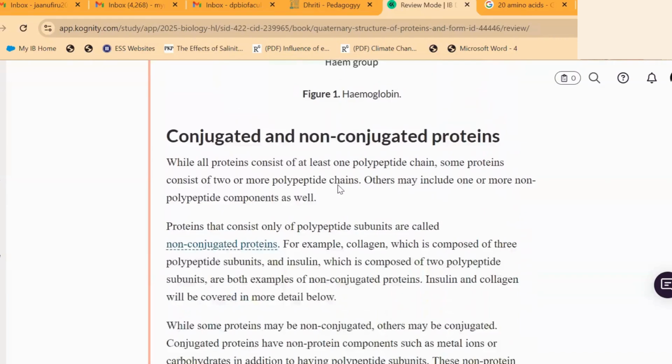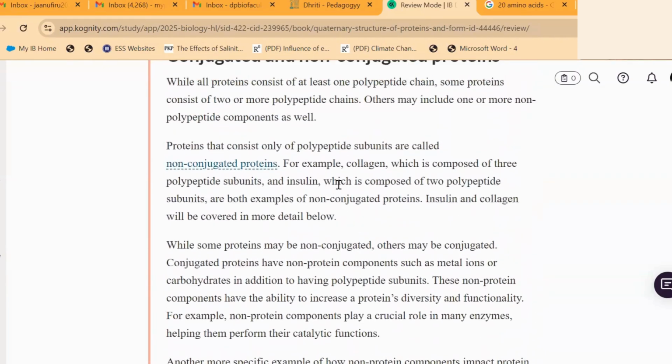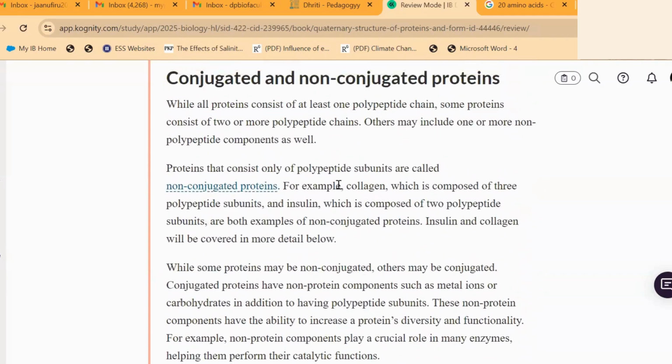Okay, next you have conjugated and non-conjugated protein. Conjugated protein, I just explained: when it is present along with a non-protein substance, you call it a conjugated protein. But a non-conjugated protein doesn't have any other substances; it is completely a polypeptide subunit, like insulin and collagen. In a conjugated protein, you can have a metal or a carbohydrate, for example glycoprotein.